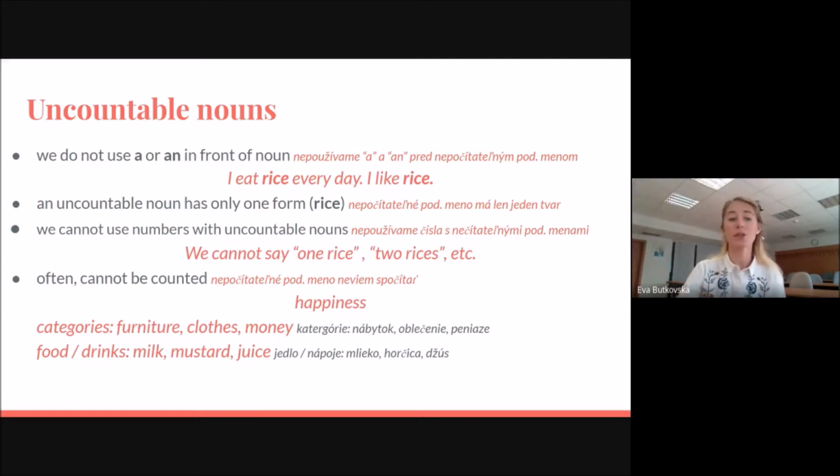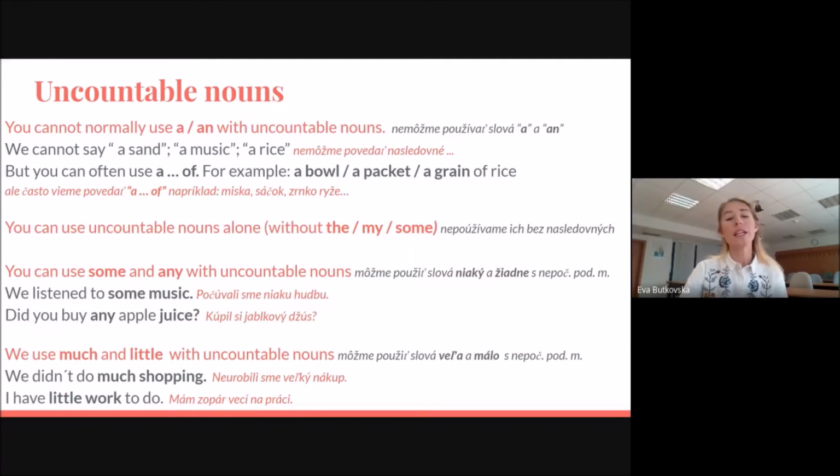So think about categories. As well, there are many uncountable nouns among food and drinks. So we can say that most liquids, so let's say milk, water, coffee, juice, all of those are uncountable. We can say glass of milk or jar of mustard, but we cannot just count 2 milks or 3 juices. So remember that. One more time, we cannot use a or an in front of uncountable nouns.